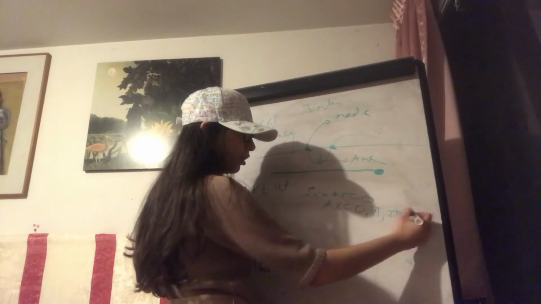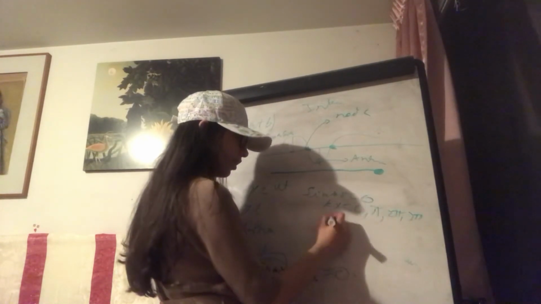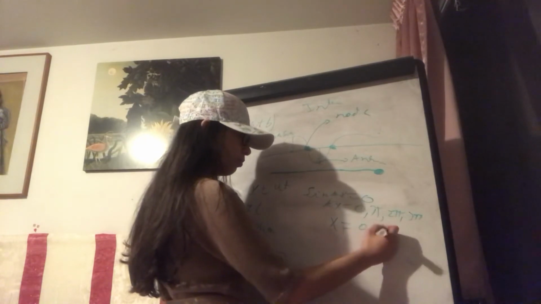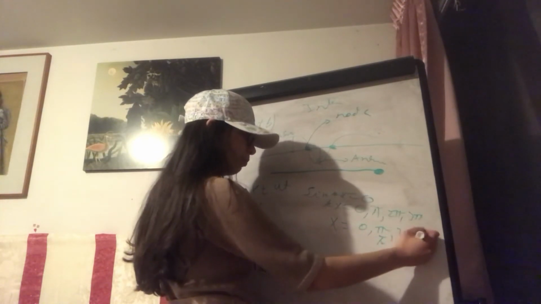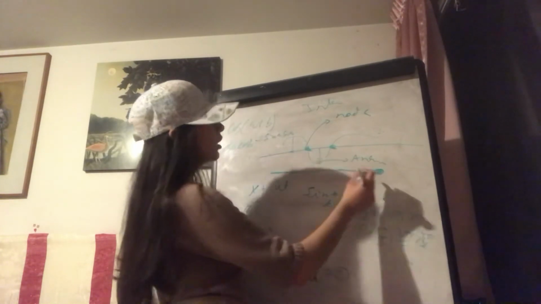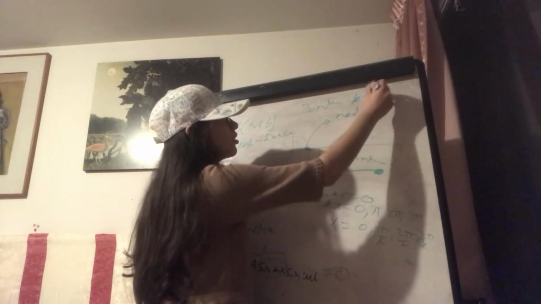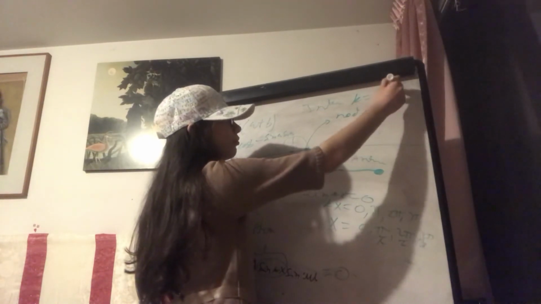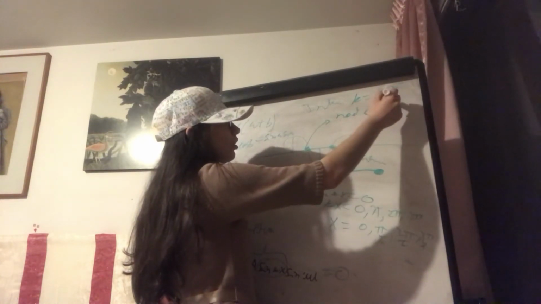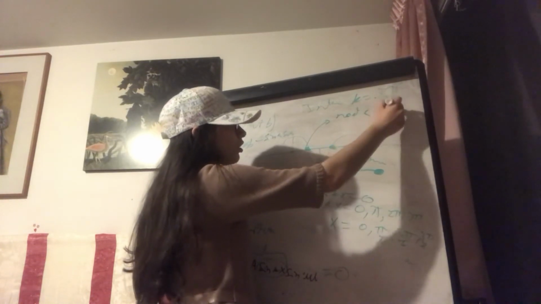So kx is equal to 0, pi, 2pi, 3pi, etc. And so x is equal to 0, pi over k, 2pi over k, 3pi over k, and remember that k is the linear wave number, that is 2pi divided by lambda.